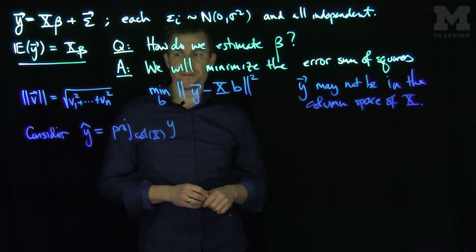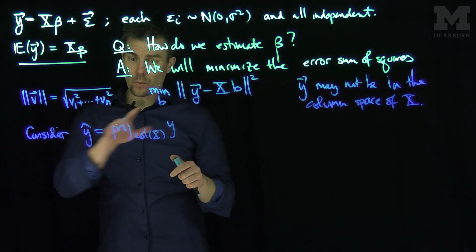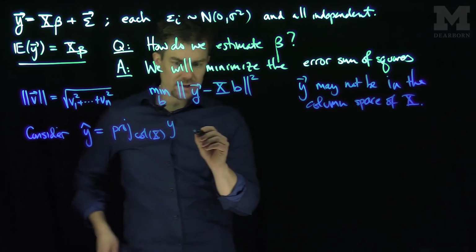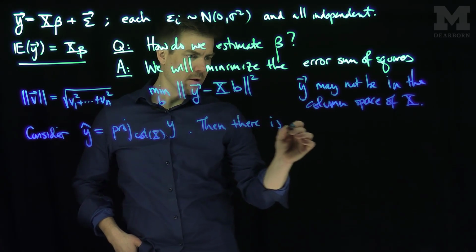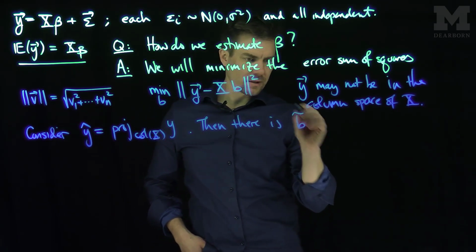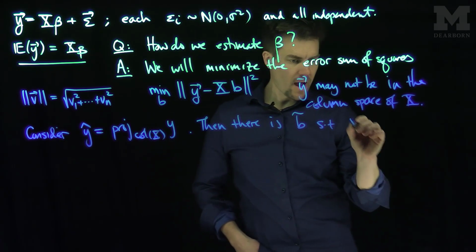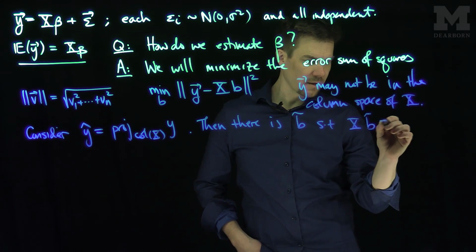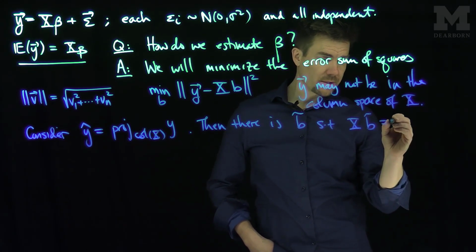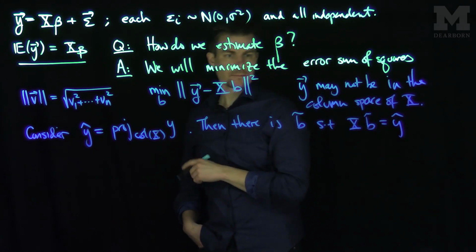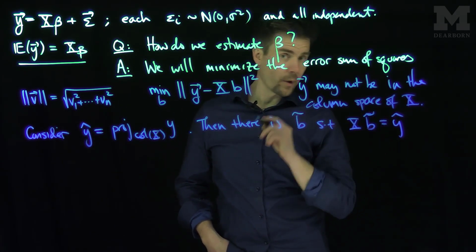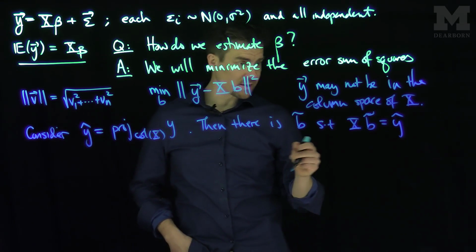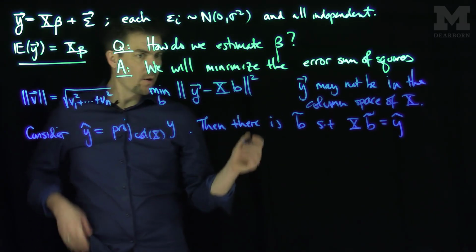If that's what y hat is, then there has to exist a b tilde such that X b tilde is equal to y hat. And I claim that this b tilde is going to be our least squares estimator. So how do we see this?